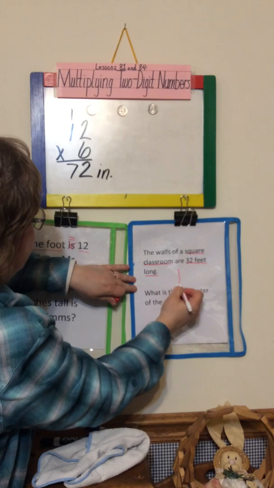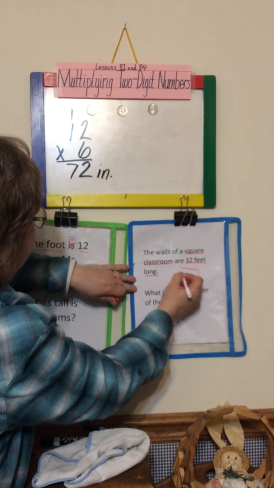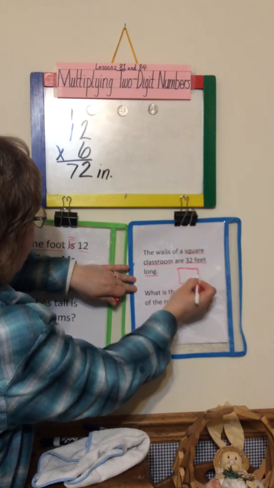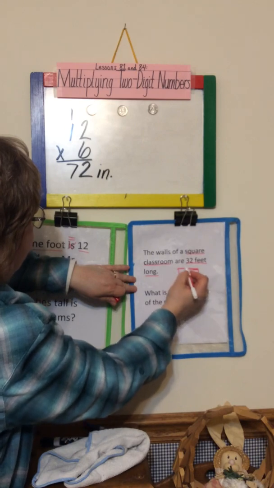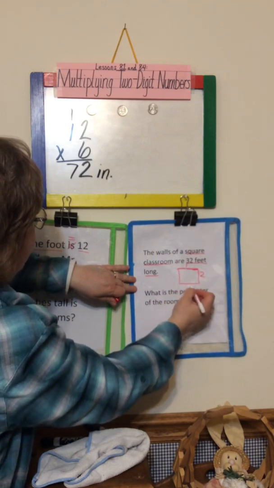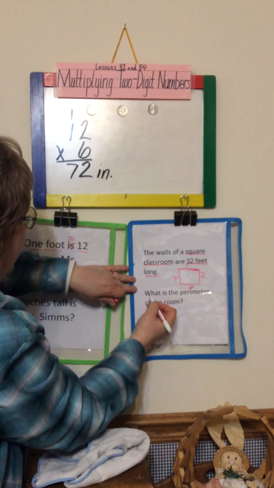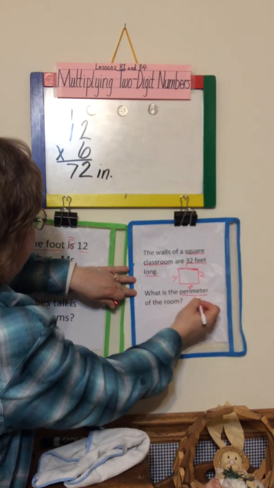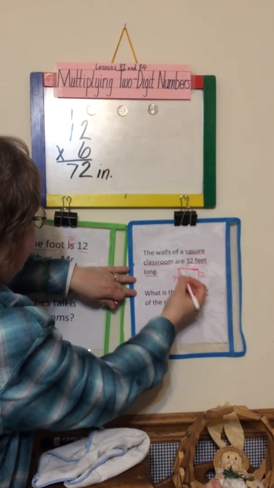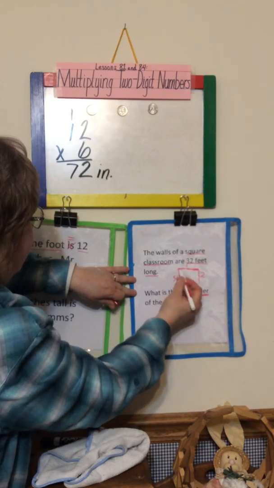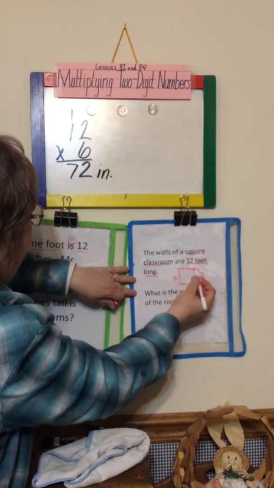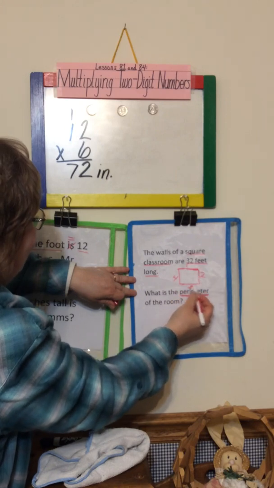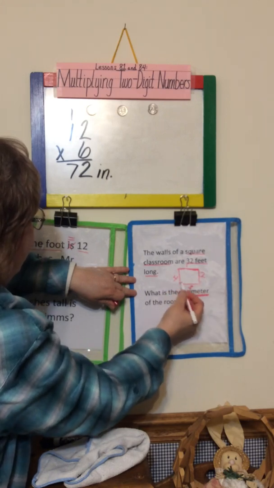And remember, a square classroom has 4 walls. 1, 2, 3, 4. What is the perimeter of the room? And there's a word we need to know. Perimeter means all the way around. So we need to know how many feet long it is all the way around.